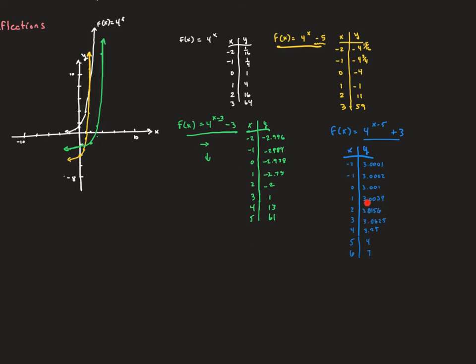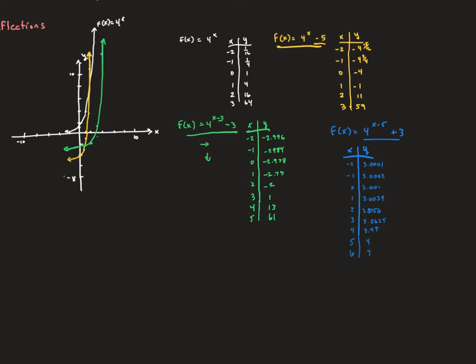I'm getting very close to 3, and my decimal keeps getting smaller, but I'm never going to get to 3. So 3 is actually going to be my asymptote. So that's how we can start seeing that it keeps getting closer and closer to 3, but never touching it.